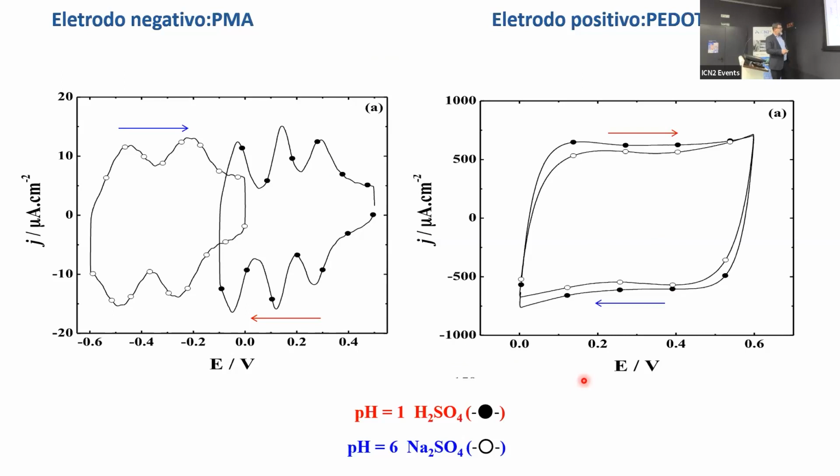Here, we can see the change of the potential window as a function of pH. So we can observe that in the charge process, after the neutralization treatment, the potential associated with the oxidation is at negative potential. Because of this change, we can obtain energy after the electrochemical cycle.